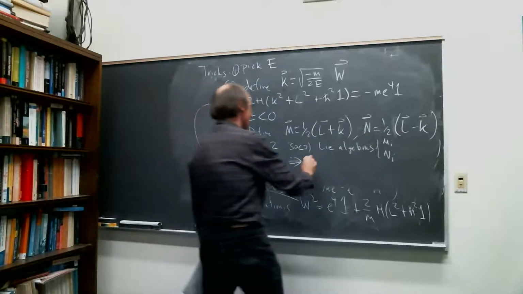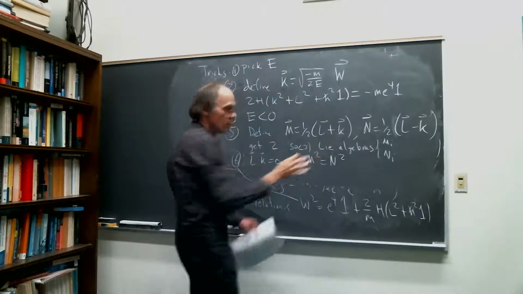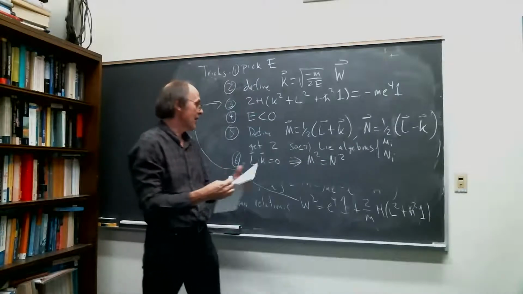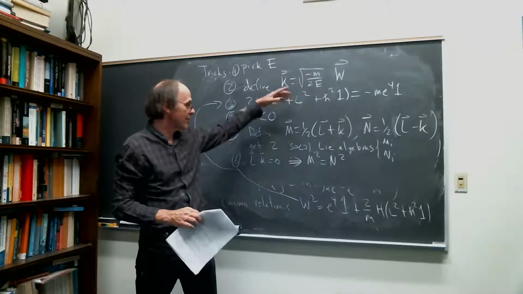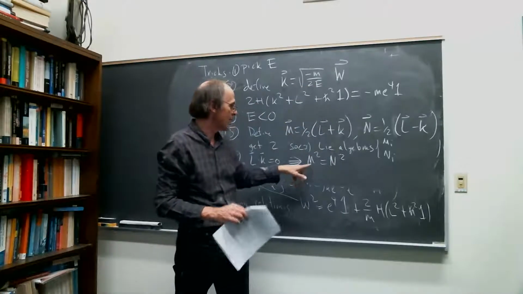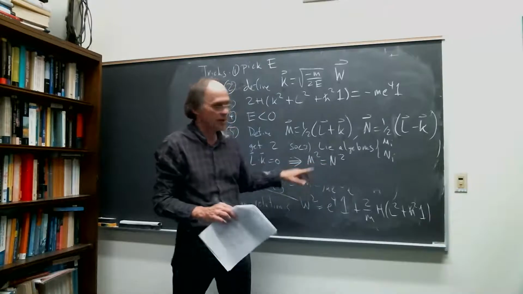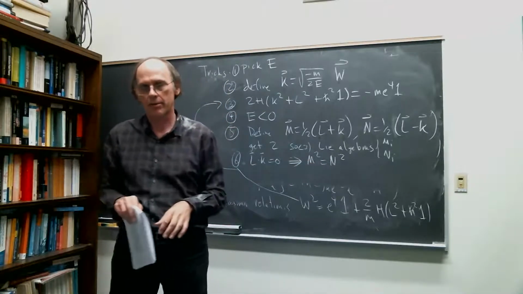So this implies that m squared is equal to n squared. You have two so3s, and they each have a Casimir operator, but you have a relation built into this which says that these two Casimir operators are going to act on states with the same value.